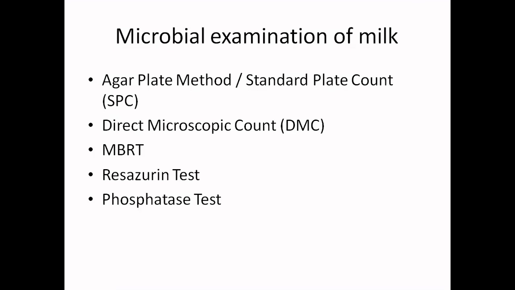The methods commonly employed for microbial examination are direct microscopic count, agar plate count, and methylene blue reduction test with resazurin test. The direct microscopic count we will discuss now.